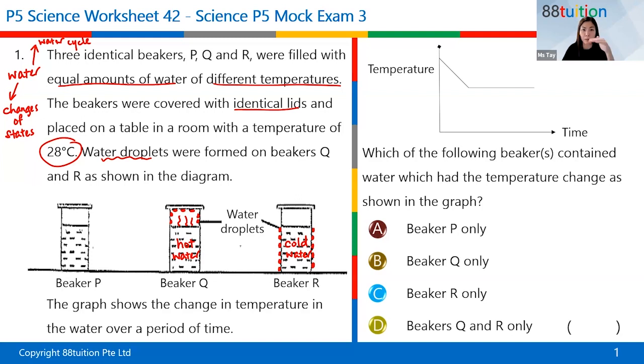So this whole thing is made out of hot water. So water at the surface evaporated into hot water vapor, and then the hot water vapor came into contact with the cooler inner surface of beaker Q. Well done. It loses heat and condenses into water droplets. Thank you so much. Jia Qi gave a very long answer.